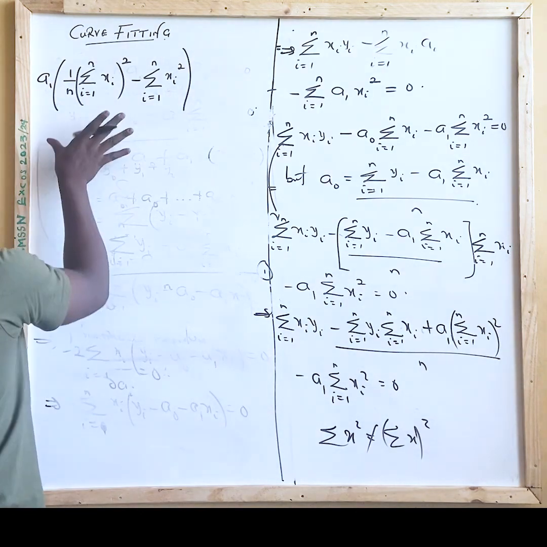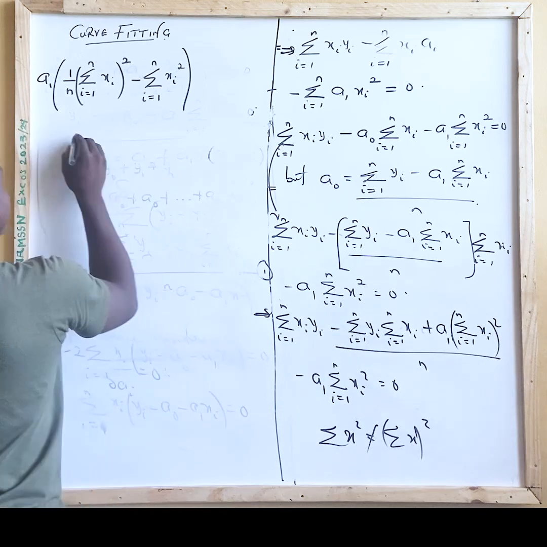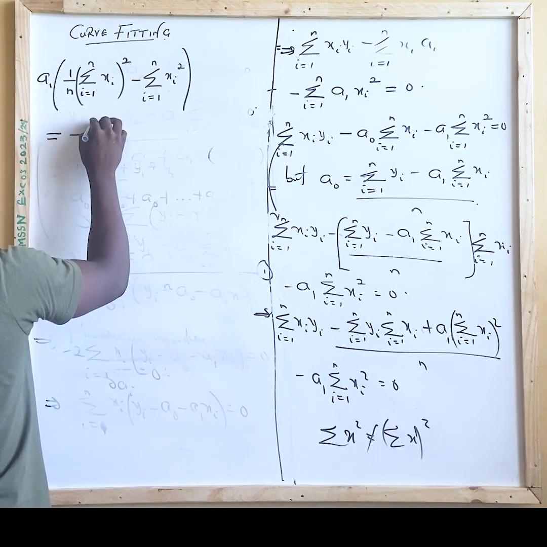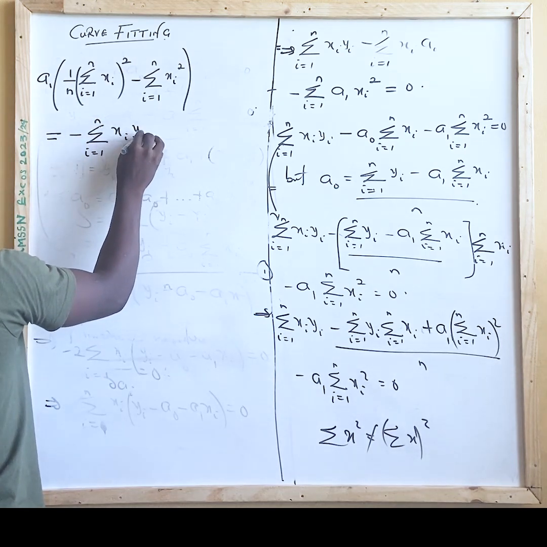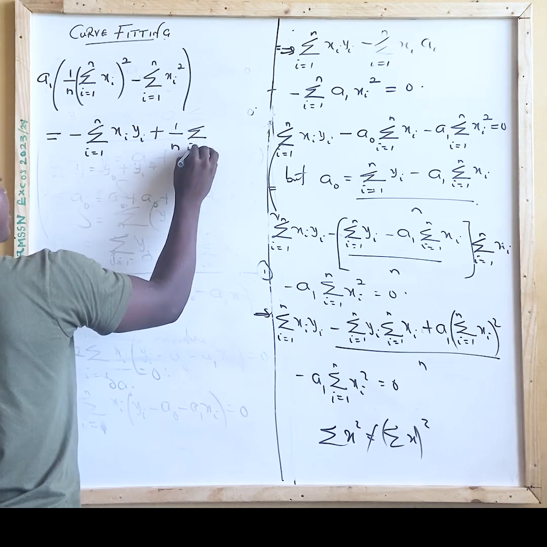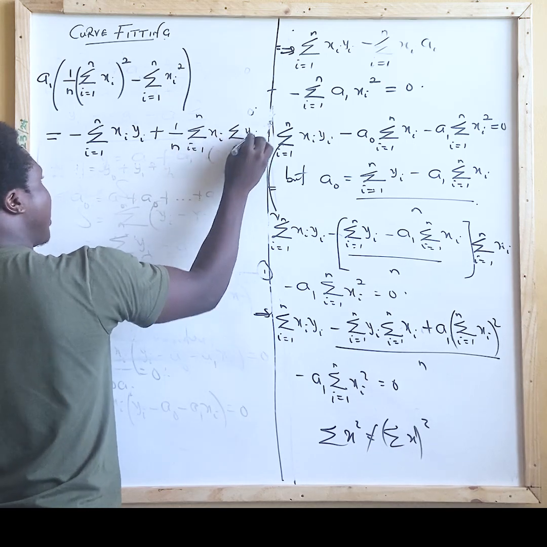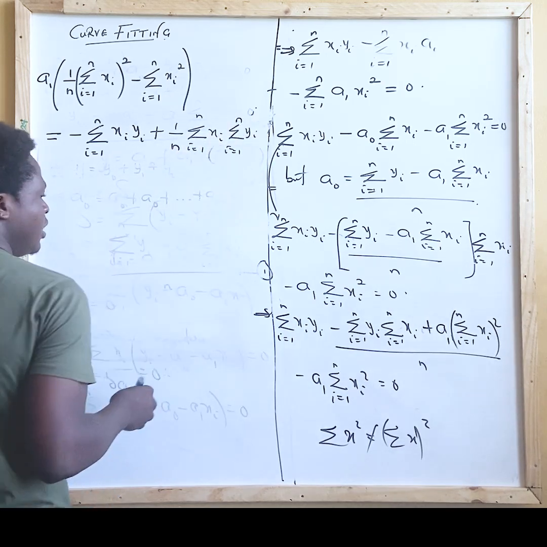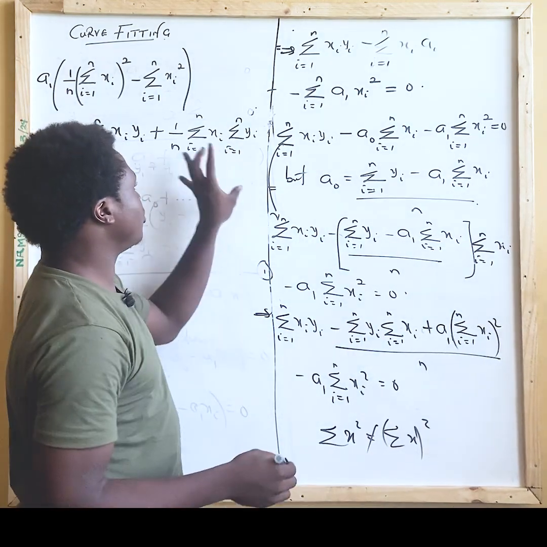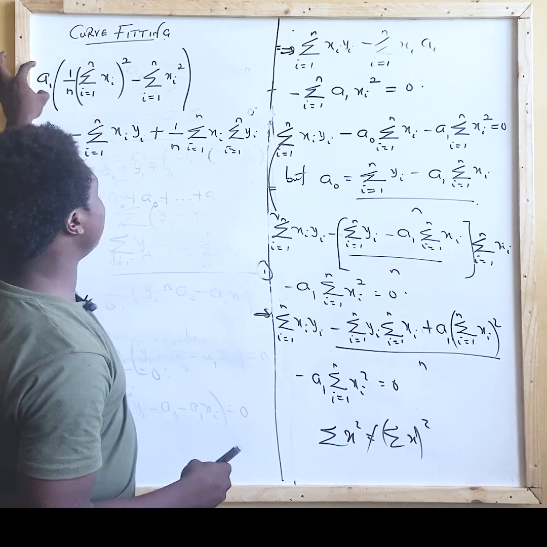Holding these two, don't forget we still have these two on this side, so we can take them to that side. It becomes equal to minus summation i from 1 to n xi yi plus 1 over n summation i from 1 to n xi summation i from 1 to n yi. Here I have this one to be plus, so it is changing to minus. Minus is changing to plus. Again, the goal remains a1.